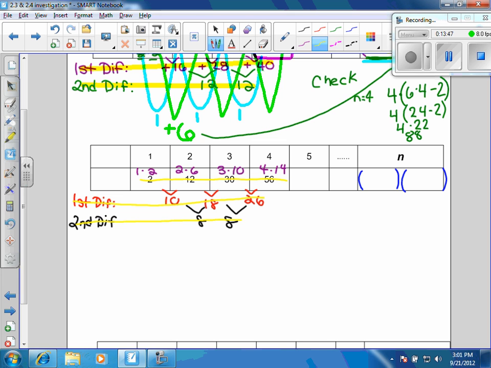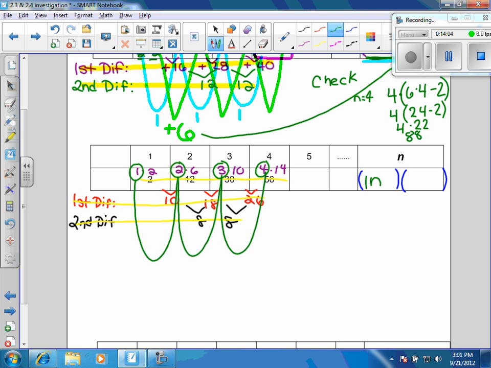So now I'm going to take the 1 and the 2 and the 3 and the 4. You guys probably just see this one, right? It's just 1n, right? Because the difference is 1. And these numbers match the n value, right? So it's just n. That's the whole thing.